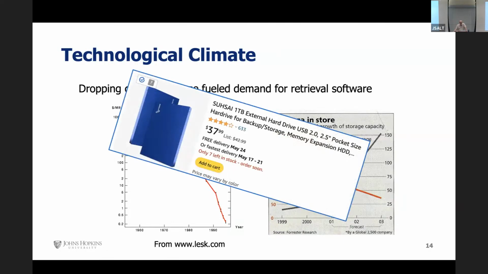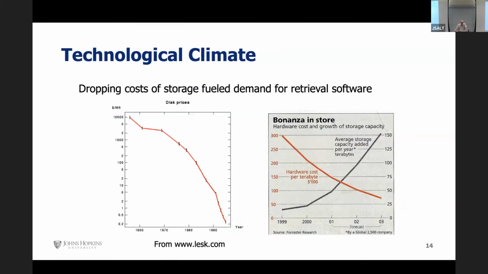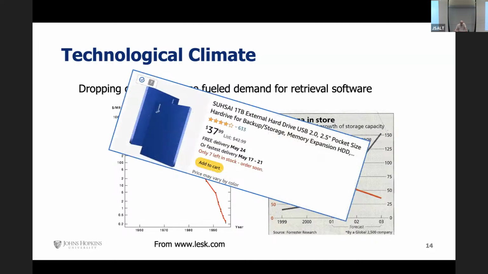What does a terabyte cost these days? All right, you saw it. Okay, you're too fast. Yeah, so you can get a terabyte for this. What do you think if you wanted a terabyte in 1957? What would it cost in today's dollars? What do you think?